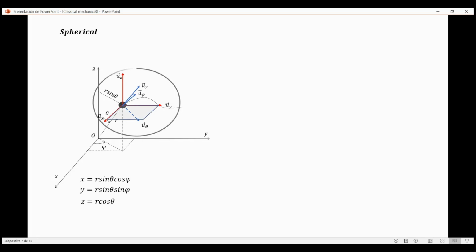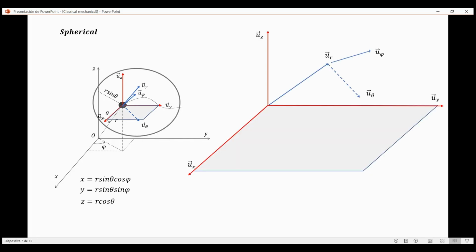Just to view it better, because maybe it's a bit small, we zoom into this area here of unitary vectors. Here we've got the unitary vector ur in the direction where the radial distance from O increases, u theta in the direction where theta increases, and u phi in the direction where phi increases.